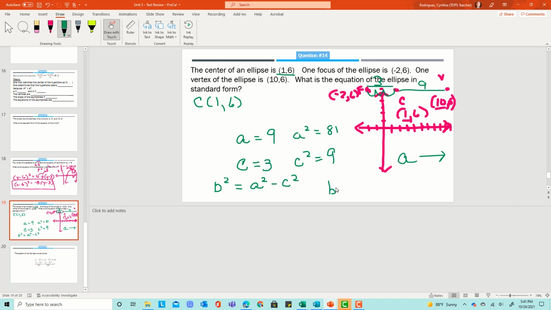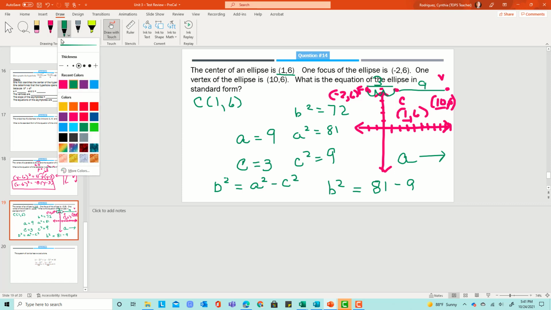Okay, so b squared is equal to 81 minus 9. And I'll get my calculator out just to double check. 81 minus 9 is 72. So b squared equals 72. So now we have everything that we need to plug into our equation.